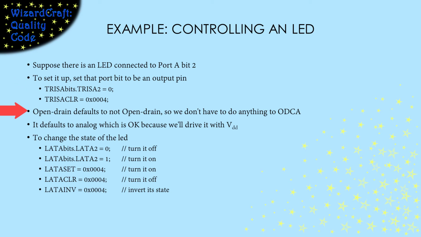An LED doesn't require high voltage, so we want open drain to be false. That's what it defaults to, so we don't have to do anything there. It also defaults to being an analog output, and that's okay. We'll drive with VDD, and that's enough to make the LED bright enough. From there, if we aren't worried about race conditions, we could use LATAbits to turn it on or off. Or, more safely, we could use LATASET to turn it on, LATACLR to turn it off, or LATAINV to flip its state.